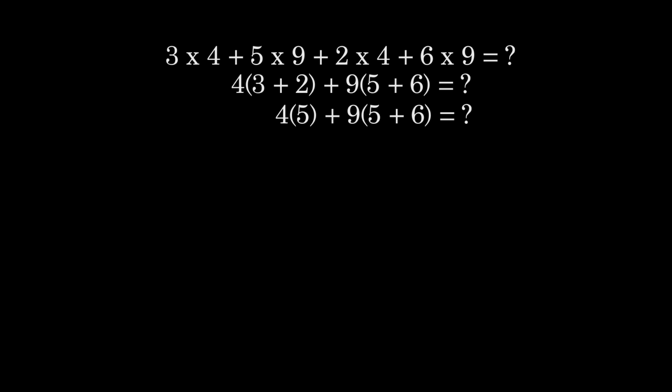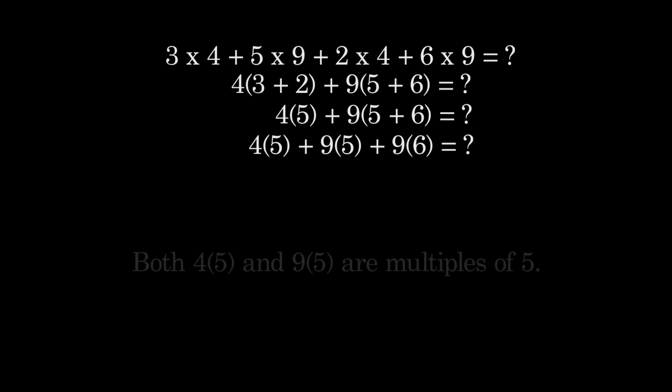What I mean by that? Simple. We distribute the 9 through the 5 plus 6, and we get 9(5) added to 9(6). And this means for the entire equation, we now have 4(5) plus 9(5) plus 9(6).